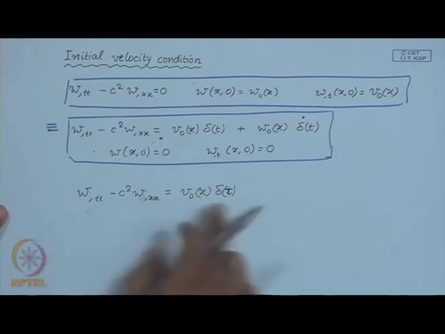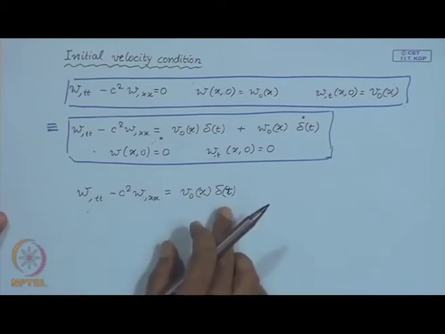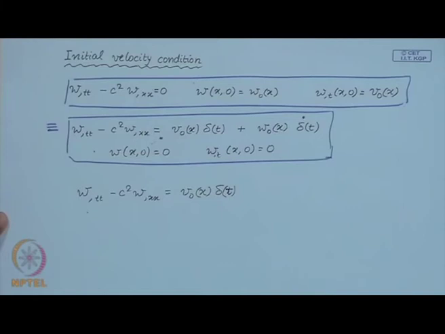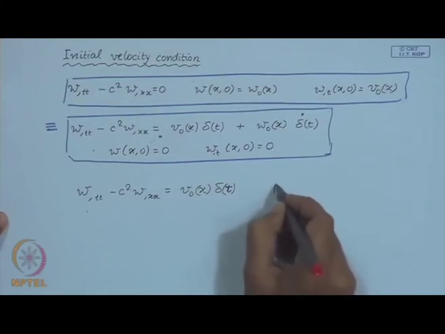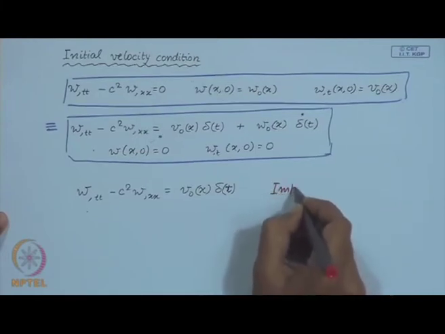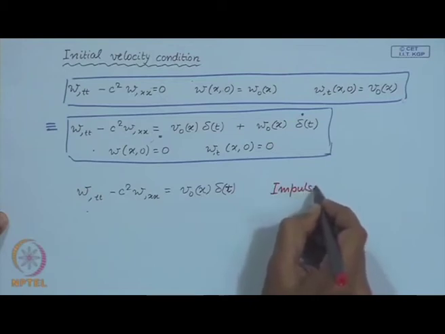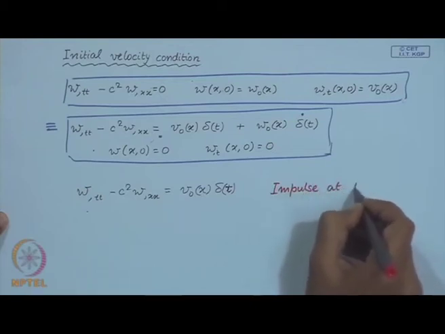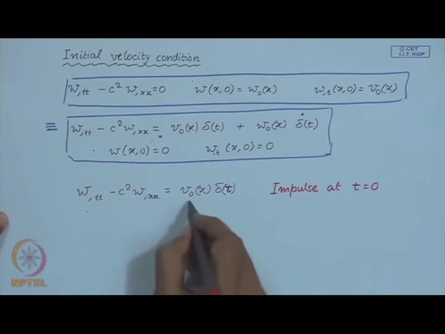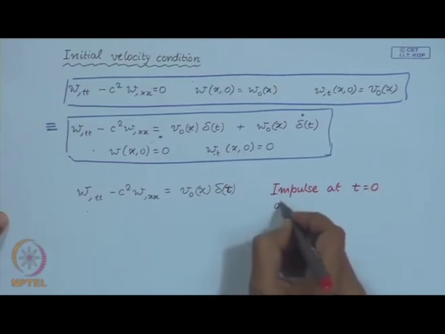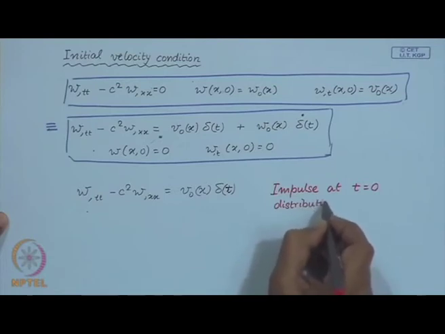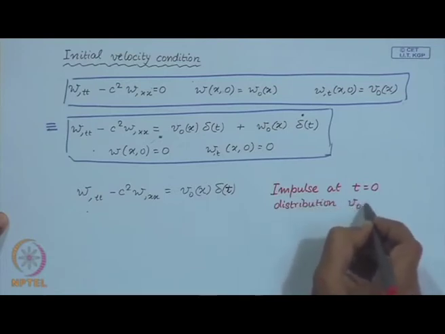So, this is an impulse applied at time t equal to 0, with the distribution given by V 0 of x.